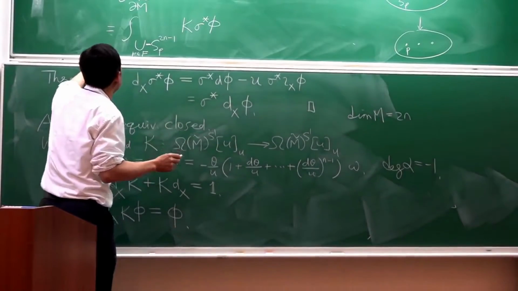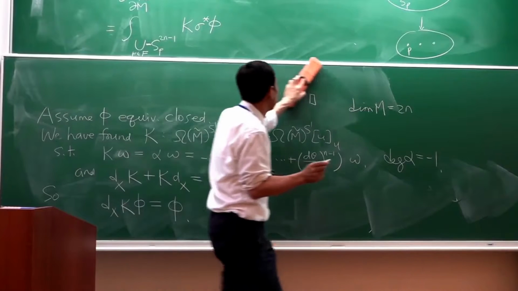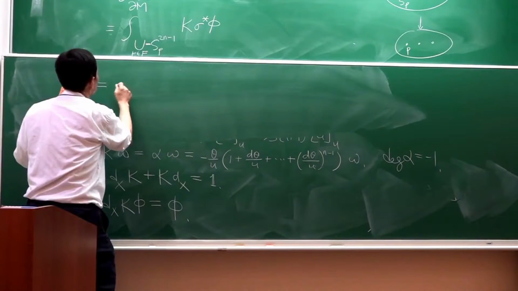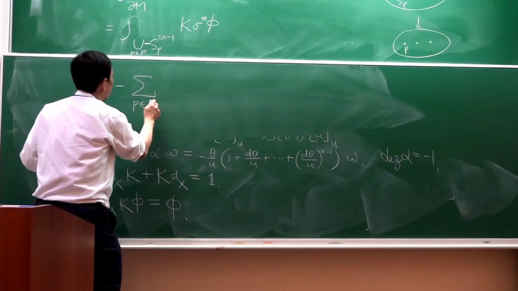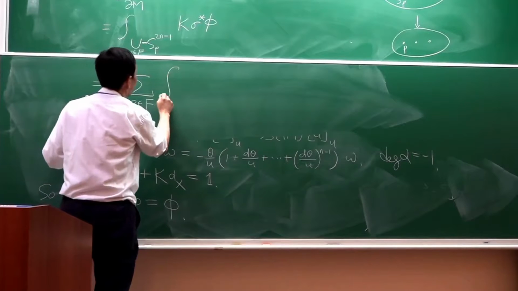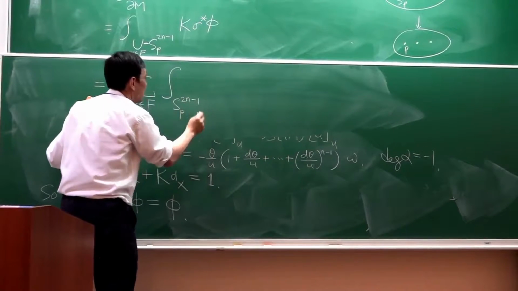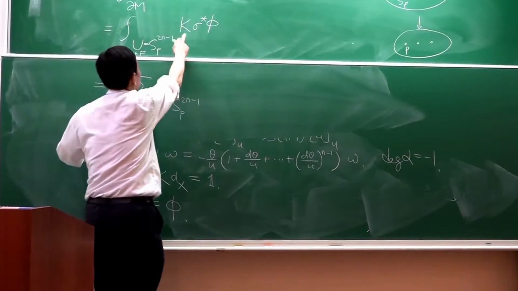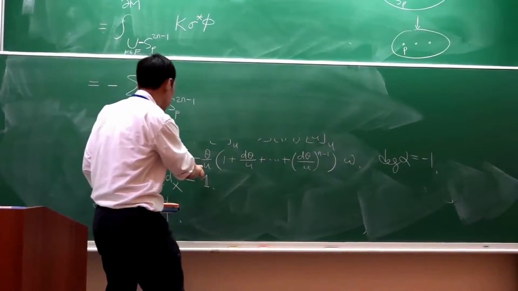And so, these spheres are disjoint. So what you get is minus the sum over P of the integral over each sphere of k sigma star phi. Now k is this.